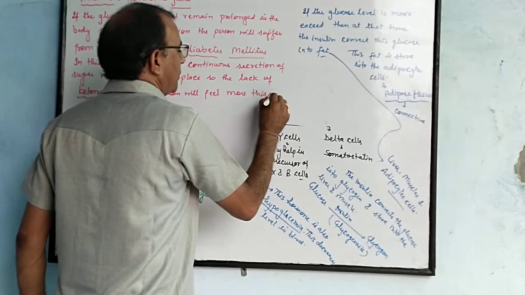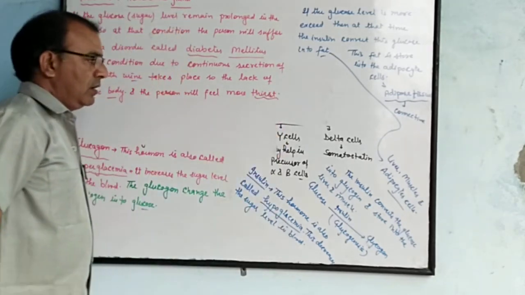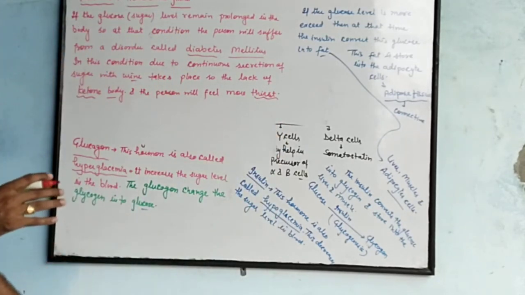These are the conditions by which we can recognize whether the person is suffering from diabetes mellitus or not.